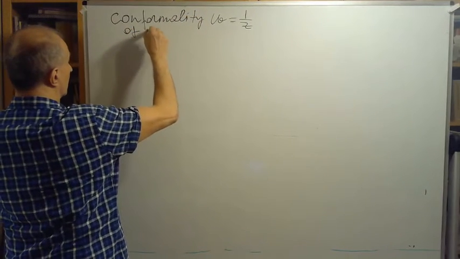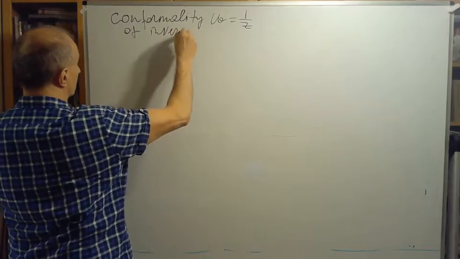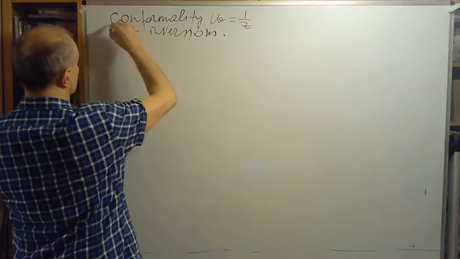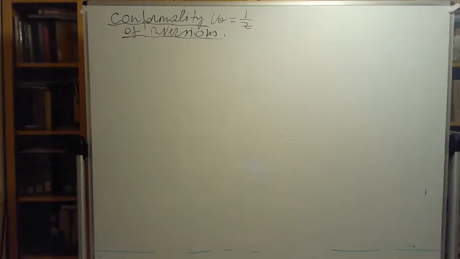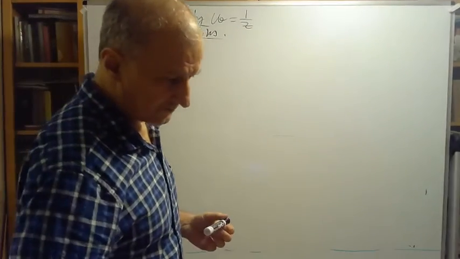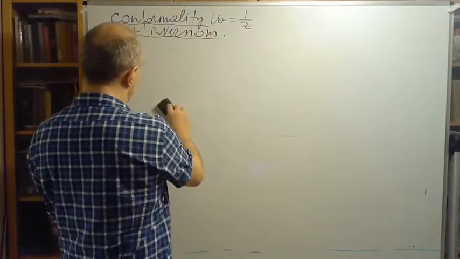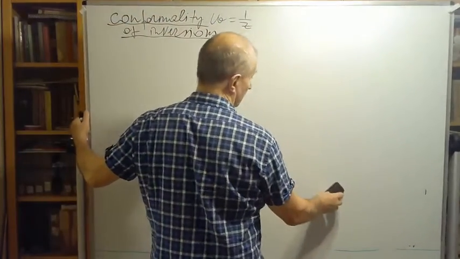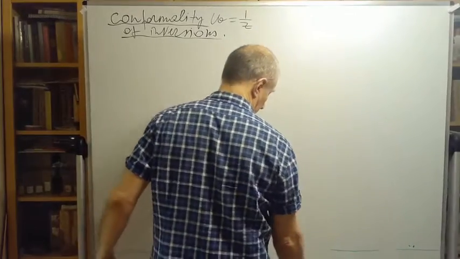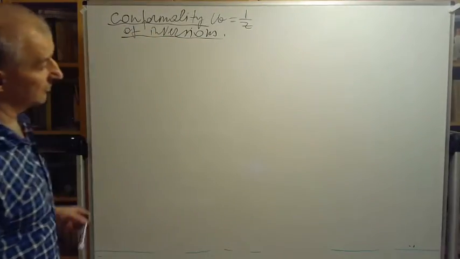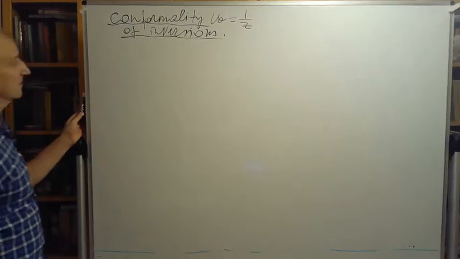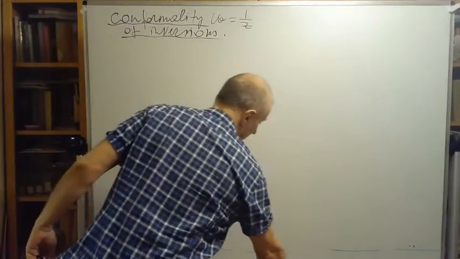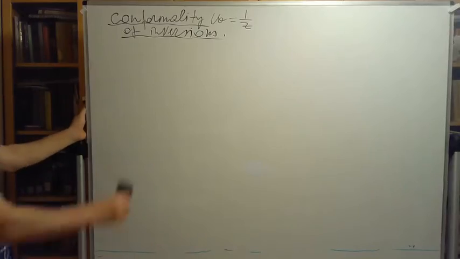Conformality of inversions. So we will prove that the angle between two curves, or two straight lines in a particular case, is preserved under this transformation, under an inversion.